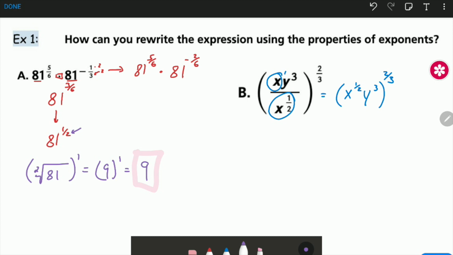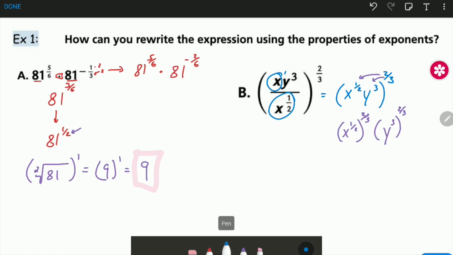Remember that this property does not work if there's addition or subtraction inside the parentheses. But we will essentially distribute this exponent to both factors inside. So it'll be x to the 1/2 raised to the 2/3 times y to the third raised to the 2/3.